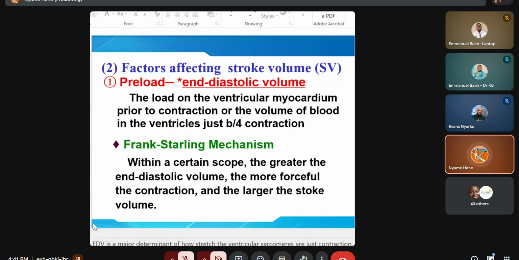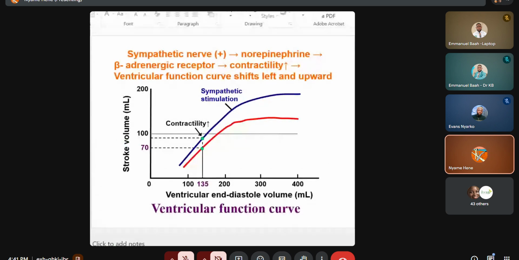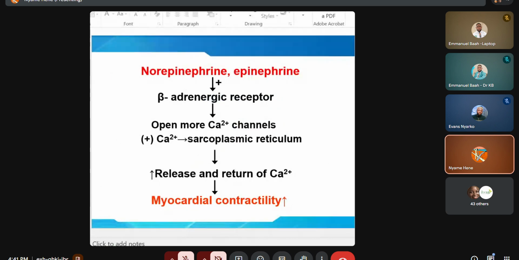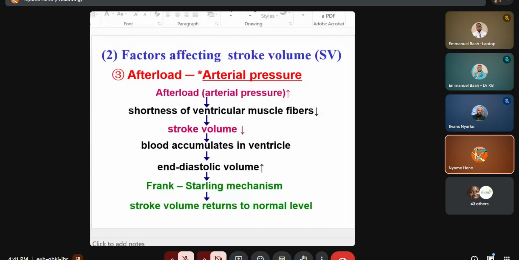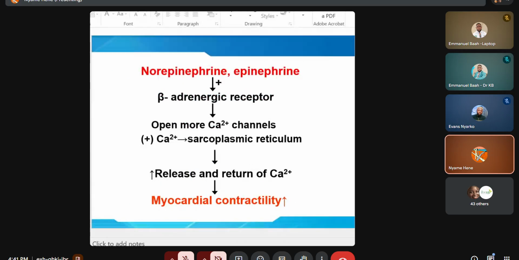So I think that's all for now. Okay, so we say norepinephrine or epinephrine act on beta adrenergic receptors and open more calcium channels.